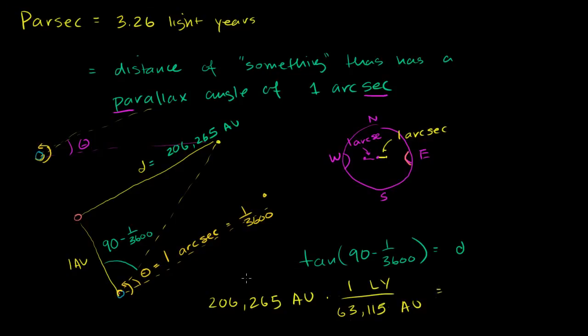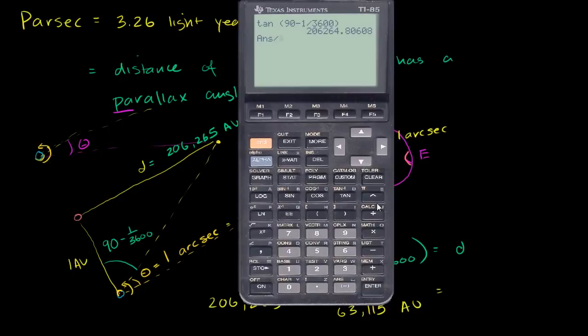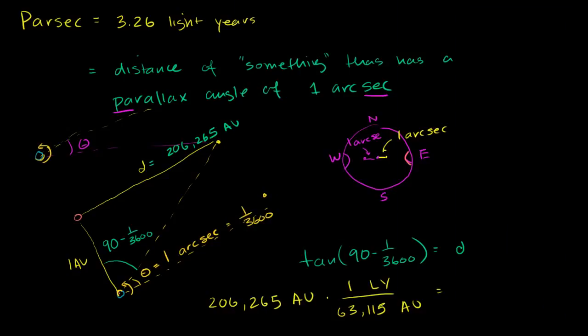And so if you divide 206,265 by 63,115, the number of astronomical units in a light year, we get 3.2, well, the way the math worked out here, it rounded to 3.27 light years. So this is equal to roughly 3.27 light years.